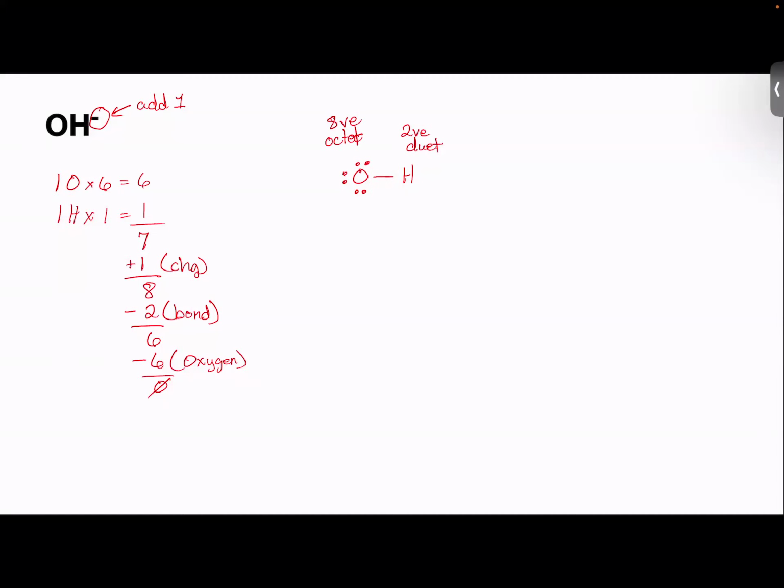We've followed the rules that we have been following to date, but we have to add in the fact that this is an ion. And there are 2 factors that change. The first we've already done, which is take into account the charge when determining the valence electrons. The second is all ions must go in brackets with the charge outside the bracket. So our OH minus must be placed in brackets with the charge of a -1 outside the bracket.